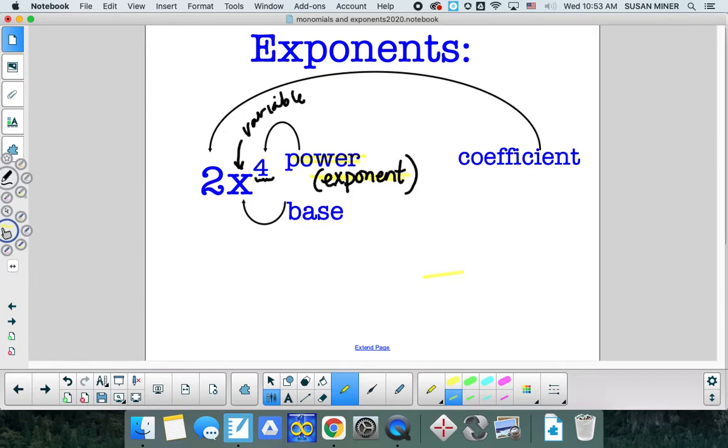That means that the exponent is 4. Or if it was x to the third power, the exponent would be 3. So that's how we use those words. I could say the variable. I could also say the base. Normally, once it has an exponent on it, I will refer to it as the base instead of the variable.